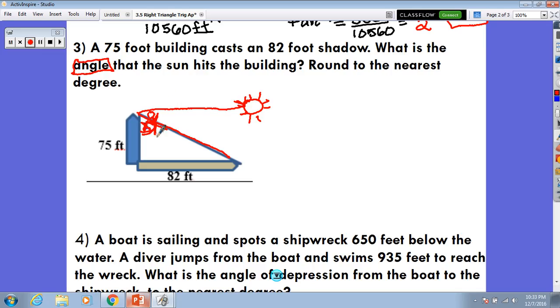Alright, so if I look across from my stick man, this would be the side that's directly across from him. So this is opposite. Alright, adjacent would be the side that's right next to him that is not the diagonal side, because the diagonal side is the hypotenuse. So, SOHCAHTOA again.